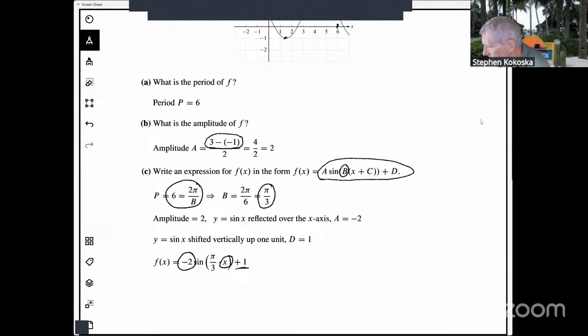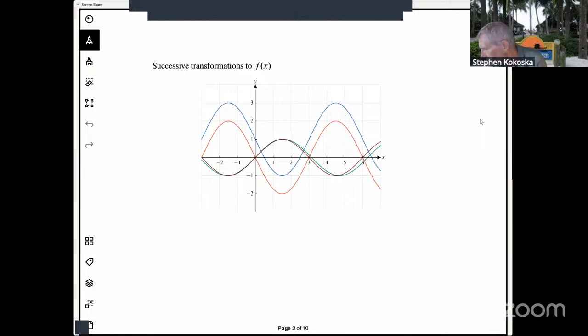I'm going to show you one other figure here before I turn it over to Tom. Curtis, I'm not sure if you can see all the colors in there, but there are quite a few. What I like to do sometimes is to try to show how I might arrive at that function f by successive transformations. And I apologize, I might not have all of them in here, but let me take a look at least at a couple. If you can see this green curve, I believe that's this one right here. That's the curve that I would start out with, which is y equal to the sine of x.